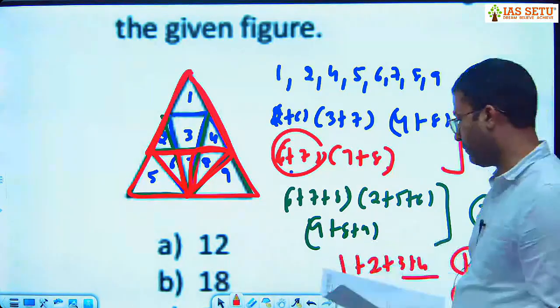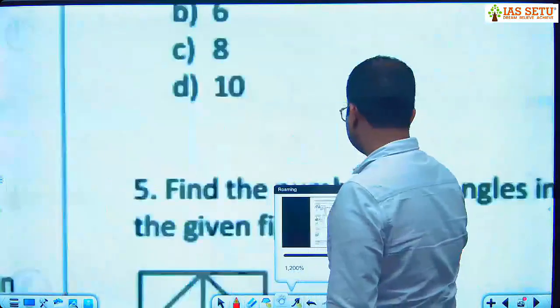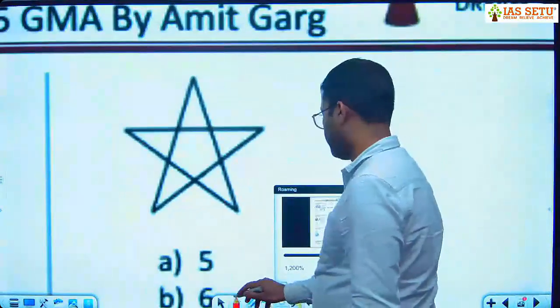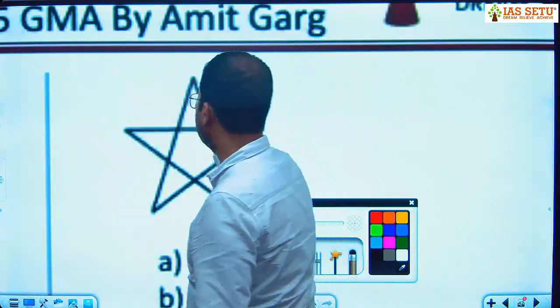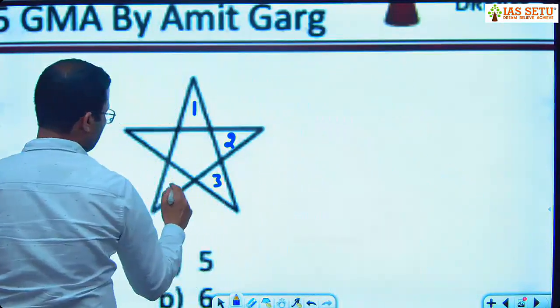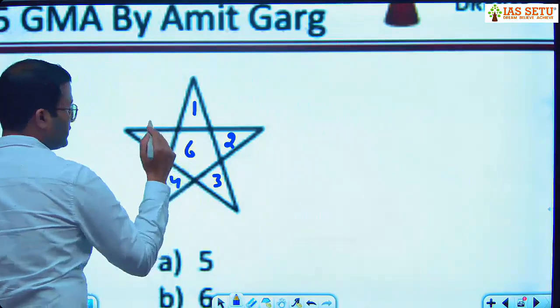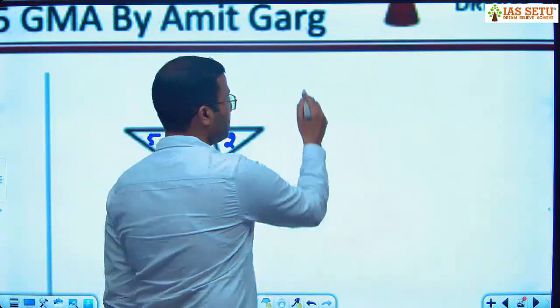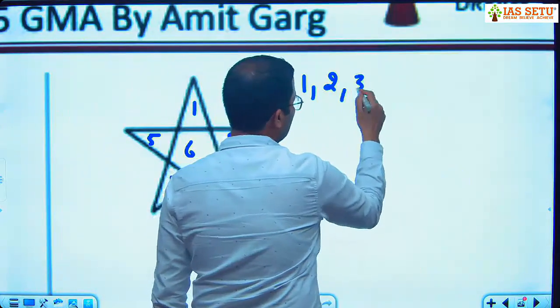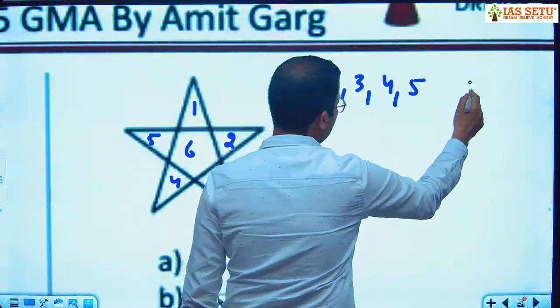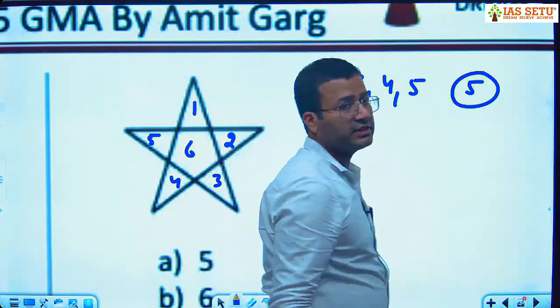Question number 4. I put numbering 1 2 3 4 5 6. 1 is a triangle, 2 is a triangle, 3 is a triangle, 4 5. So there are 5 single triangles.